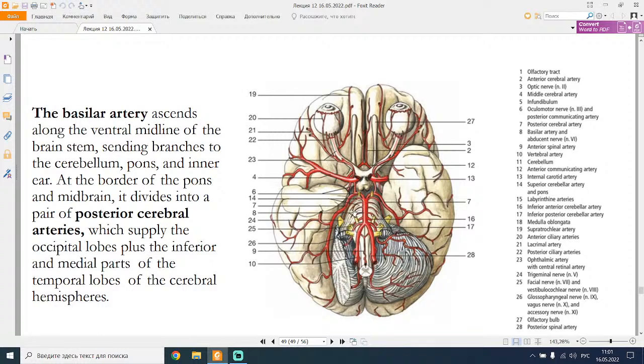At the top of the pons, at the midbrain, it divides into a pair of posterior cerebral arteries, which supply the occipital lobe plus inferior and medial parts of the temporal lobes and cerebral hemisphere.